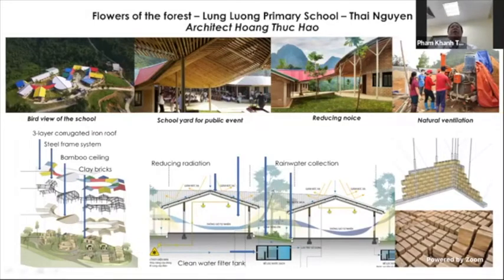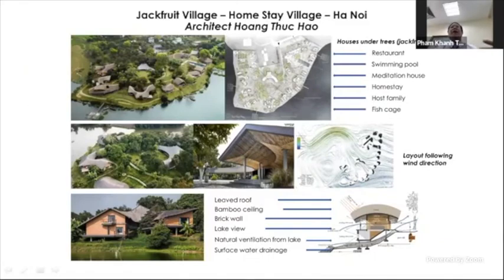The second project of his is the Jackfruit Village, a kind of homestay village in Hanoi. There are houses under the trees with multiple functions for the host family to live in, for homestay guests, a meditation house, swimming pool, restaurant, etc. All buildings look to the lake with a leafed roof, bamboo ceiling, brick wall, and natural ventilation from the lake.